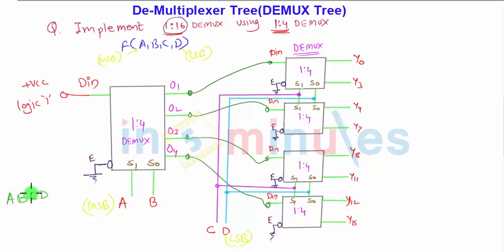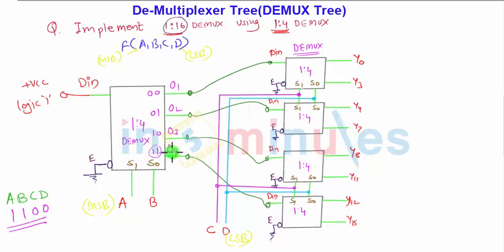So for A, B, C, D, I'll set the bits as 1, 1, 0, 0. So starting from MSB to LSB, since AB is 1, 1, O4 will be selected, because for the combinations of AB 0 0, 0 1, 1 0, 1 1 it will work like this.